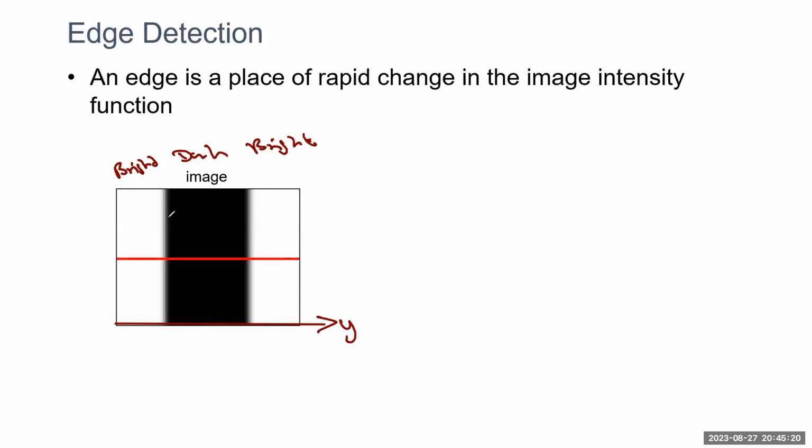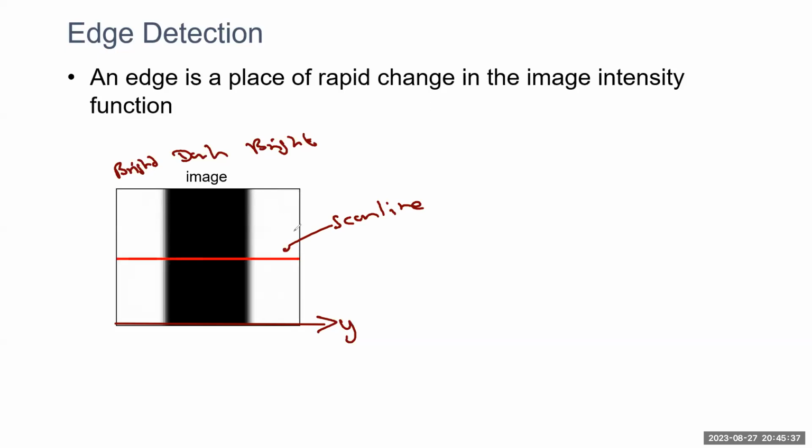This is actually not a very sharp transition, but we'll talk about that later. For the time being, assume that this is a very sharp transition. Just forget about the blur here; we'll say this is just black and white.